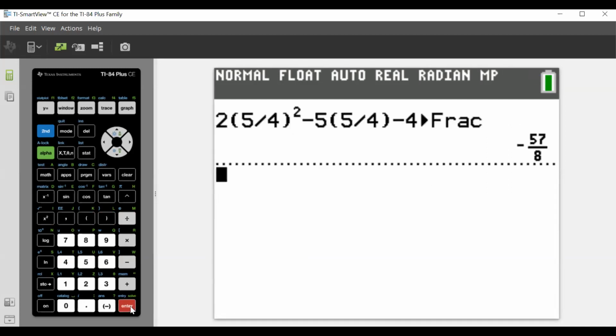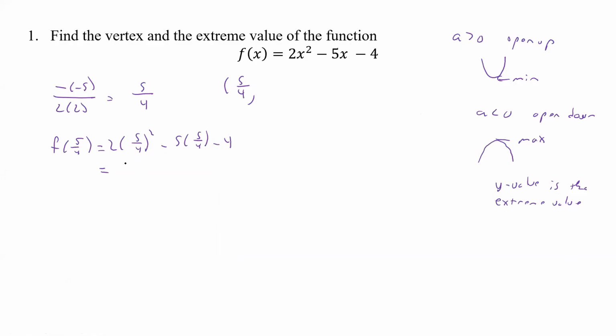And so that's negative 57 over 8. So this is negative 57 over 8. All right, so that's my vertex, and the extreme value equals negative 57 over 8.